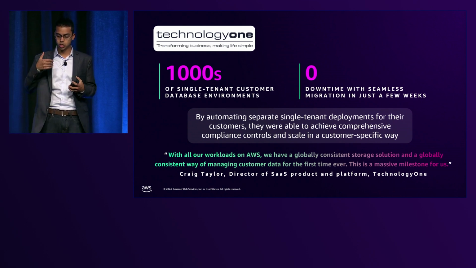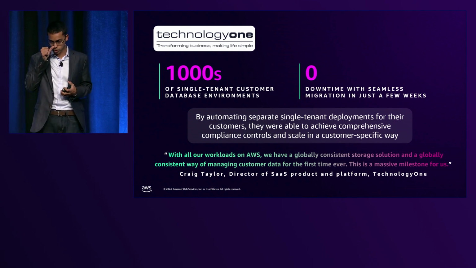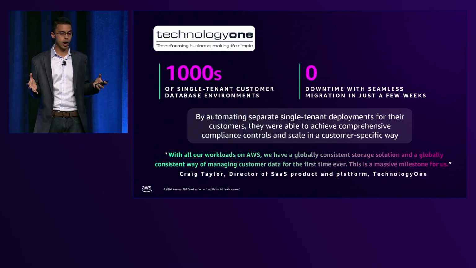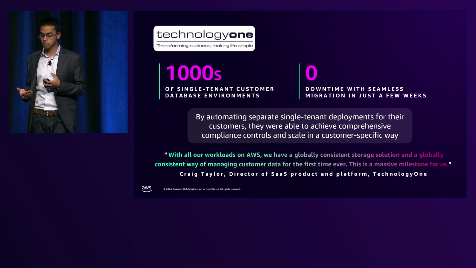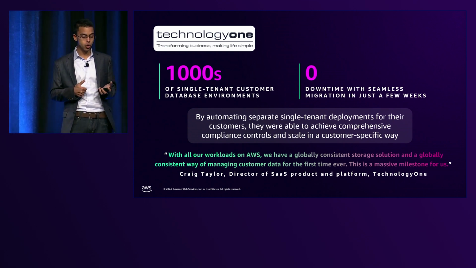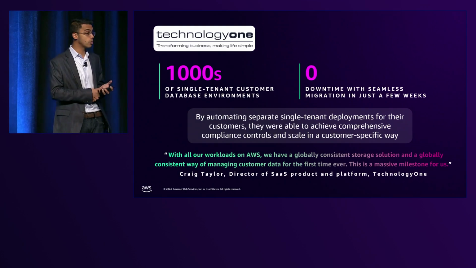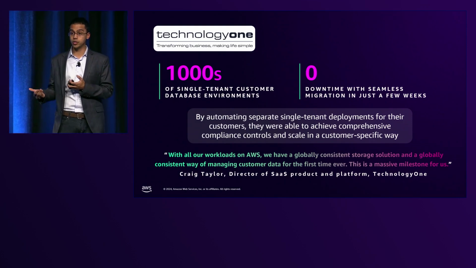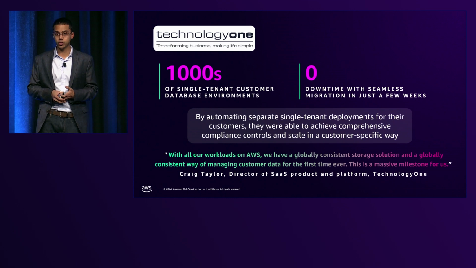So they were able to achieve compliance across multiple regions. They were able to reduce system costs, and they were able to manage these single tenant environments in a really easy way with a globally consistent architecture, enabling them to ensure seamless migrations and upgrades in a way that required zero downtime for their end customers.